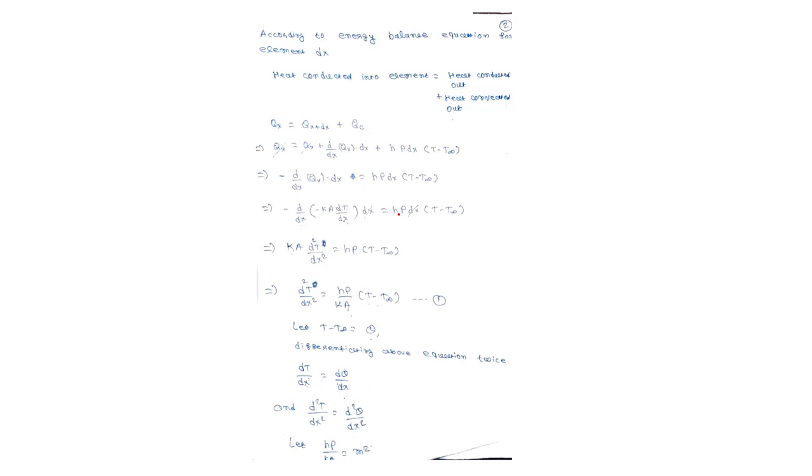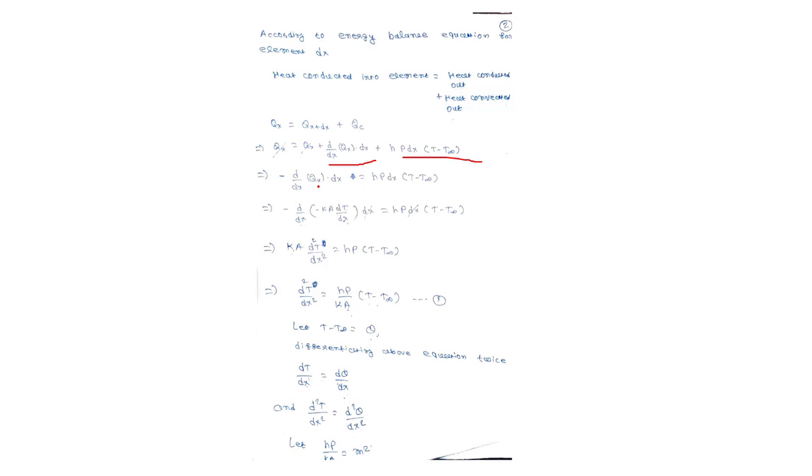We already have both equations, and putting them in this formula: qx is equal to qx plus d upon dx of qx dx, plus for the convection h p dx (T minus T infinity). So we can cancel qx from this, and rearranging this equation we get this equation.